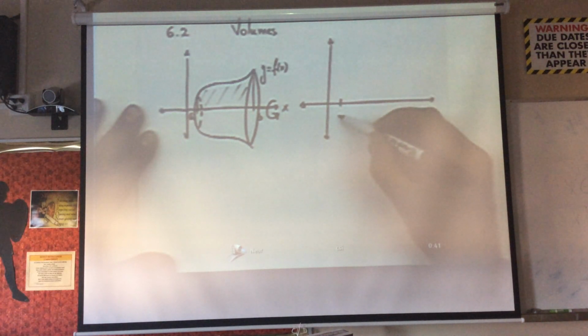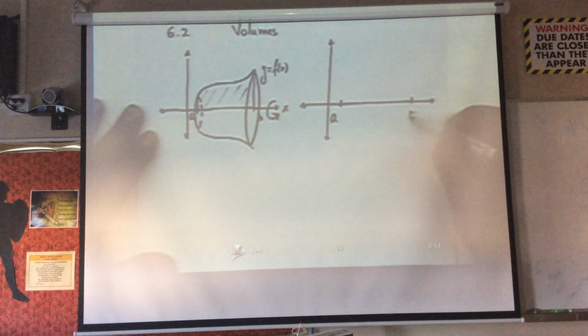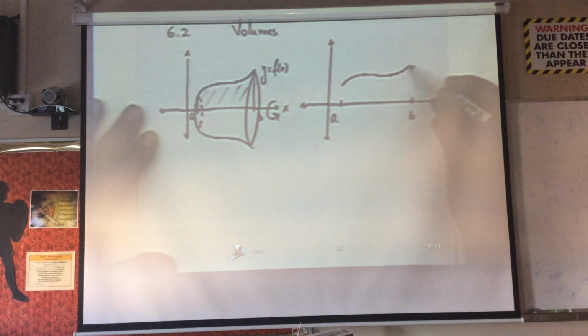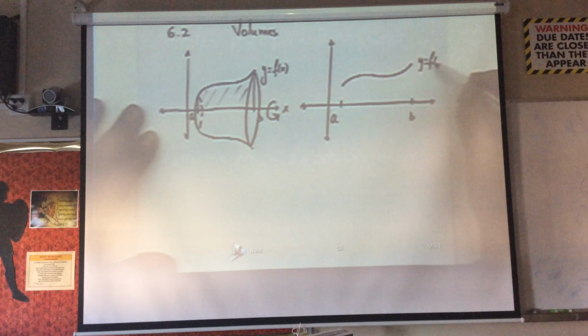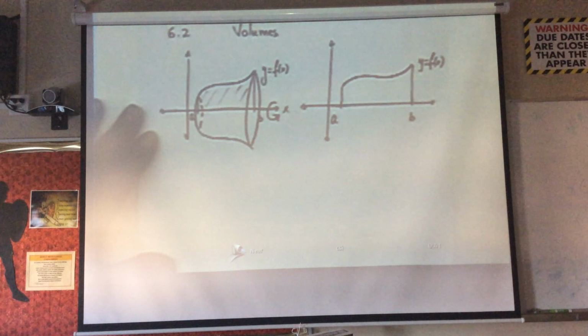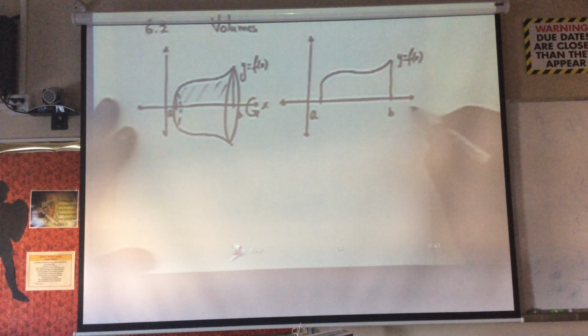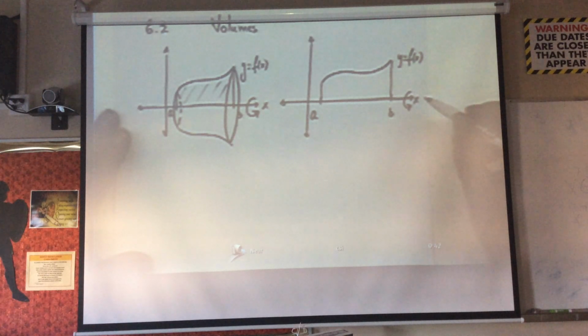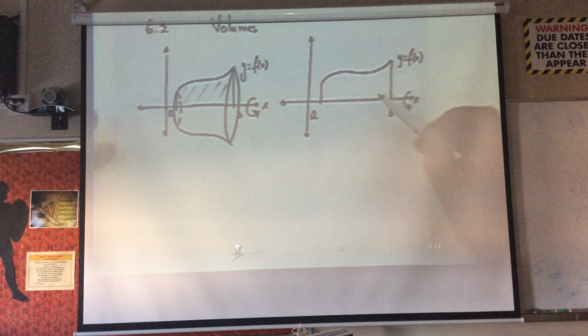So look, I have this from A to B, and I have this picture, okay? Kind of trying to copy, maybe almost the same, not exactly, but almost. So I'm rotating this area about the x-axis. Well, remember how we found this area?